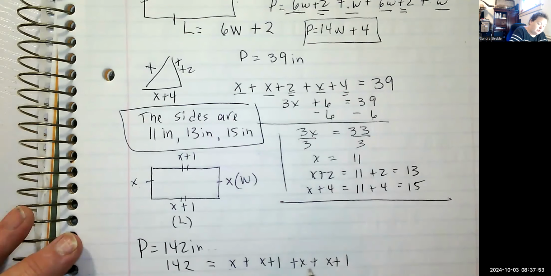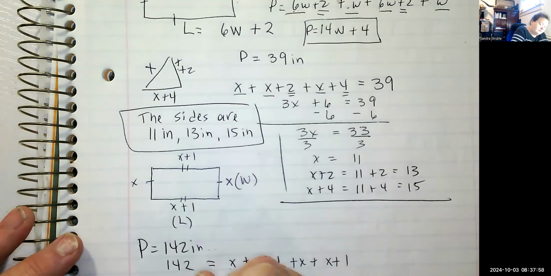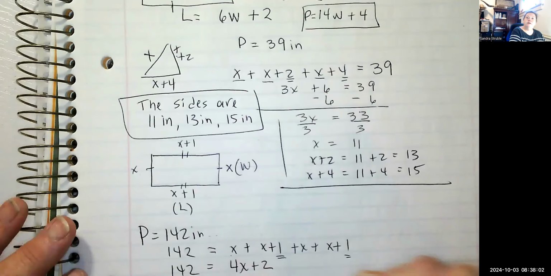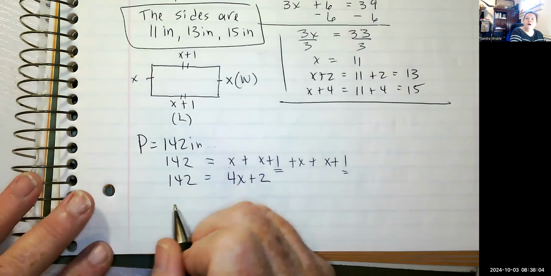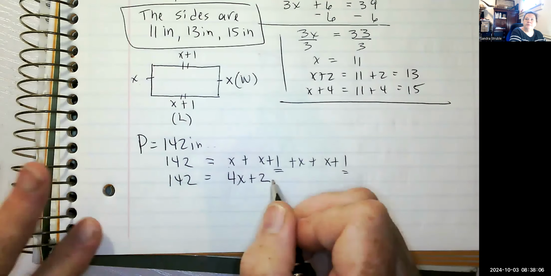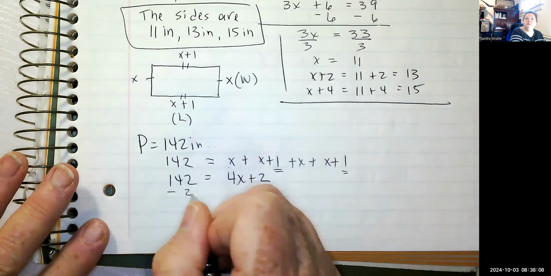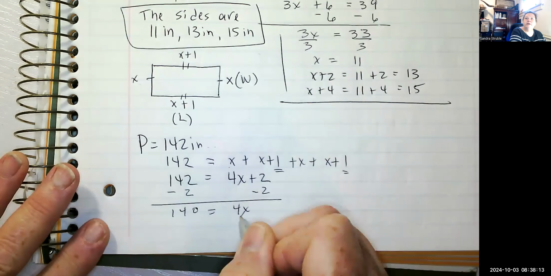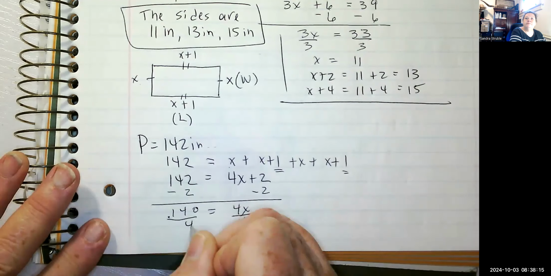So we have 1, 2, 3, 4 x's. And then 1 plus 1 is 2. Now we need to solve for x. I'm going to subtract 2 from both sides. 4x is equal to 140 and divide both sides by 4.